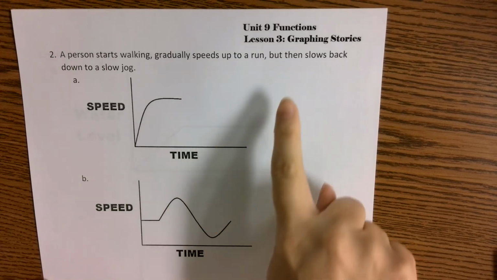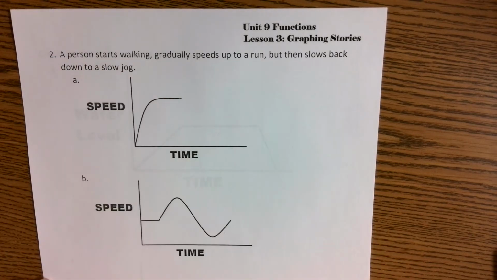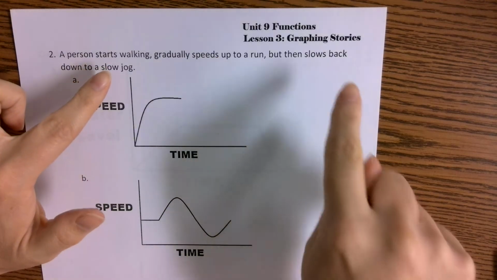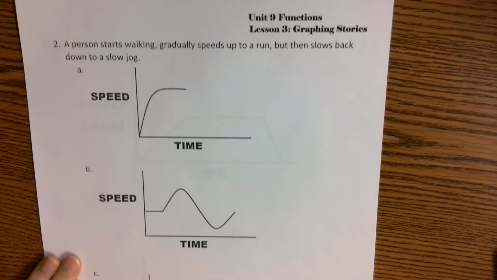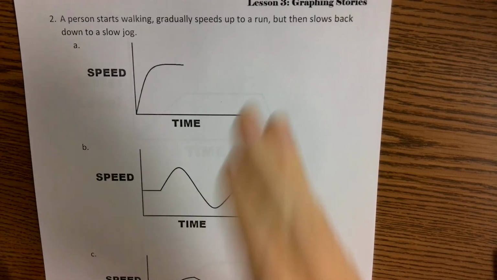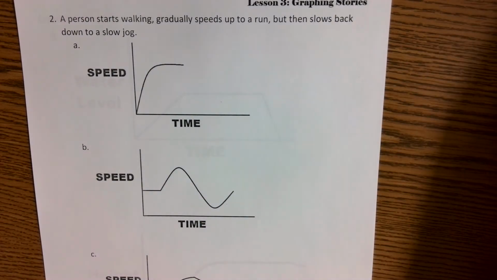I want you to go ahead and do problem 2 on your own. Identify key phrases in here and then map them to each part of the graph until you identify which graph represents that situation.